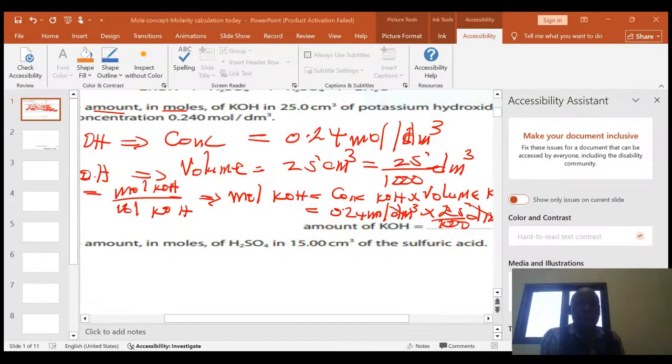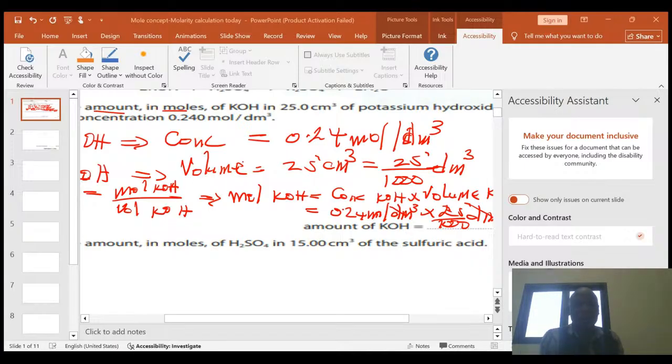And remember, we just calculated the number of moles of potassium hydroxide was 0.006 moles.